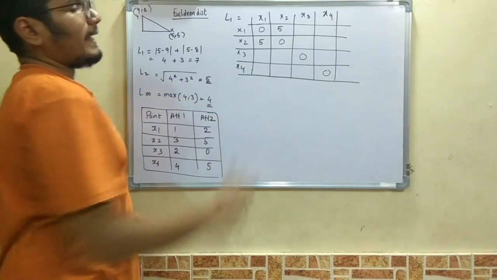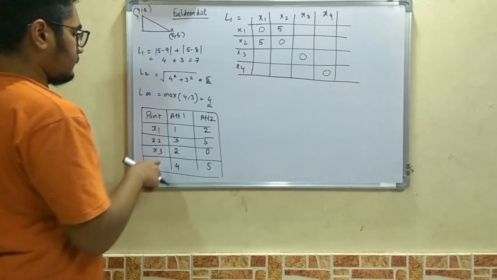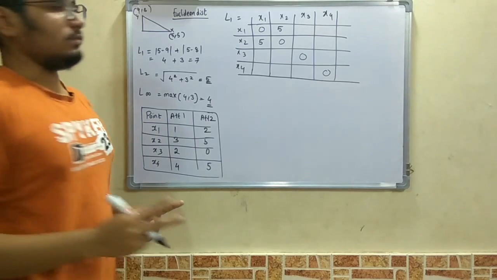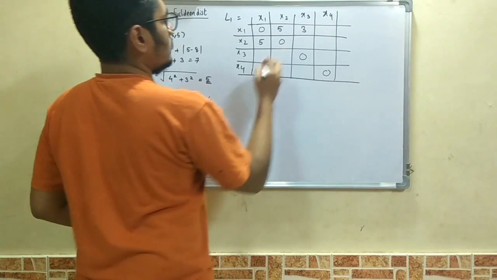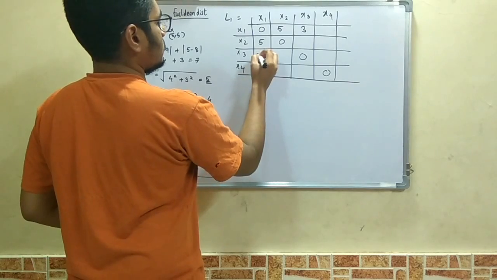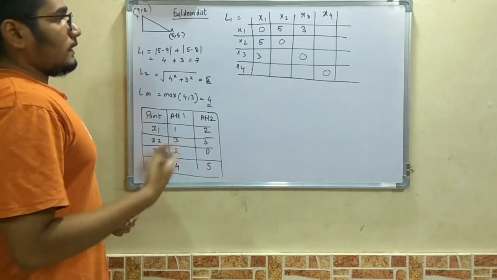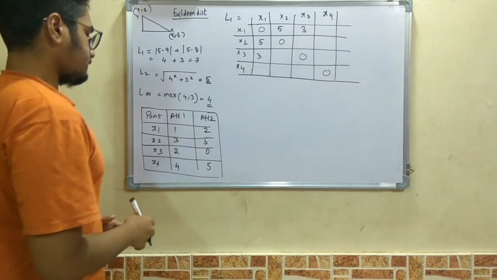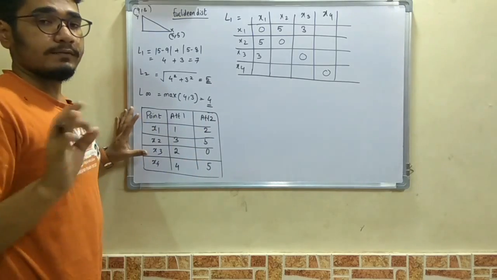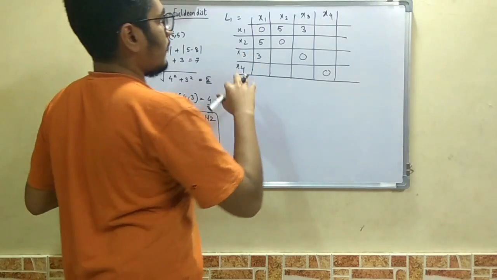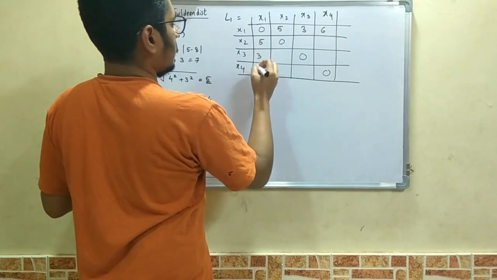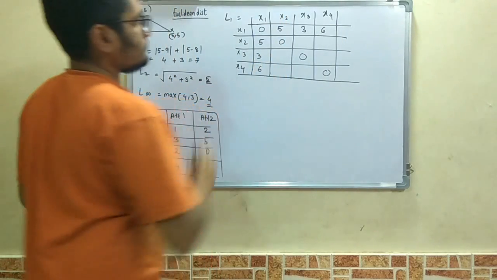Next we'll calculate x1 and x3: 1 minus 2 is 1 and 2 minus 0 is 2, so it will be 3. Next we have x1, x4: 1 minus 4 is 3, 2 minus 5 is 3, so 3 plus 3 is 6.